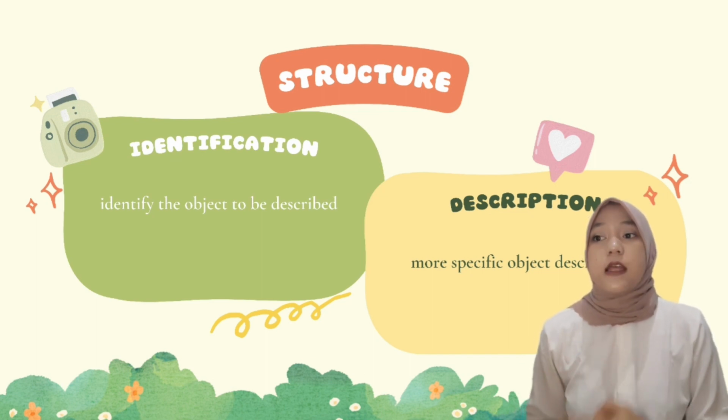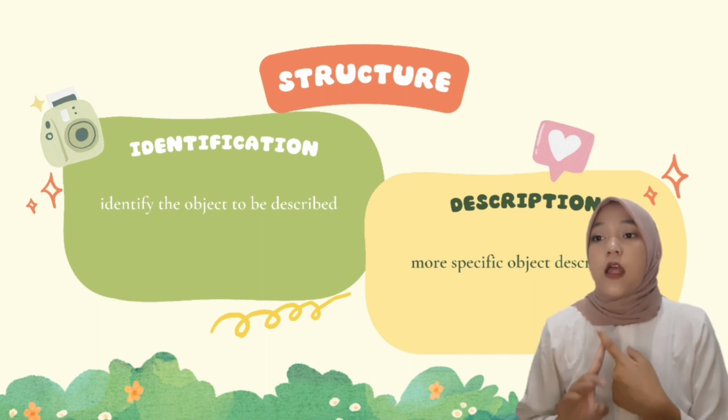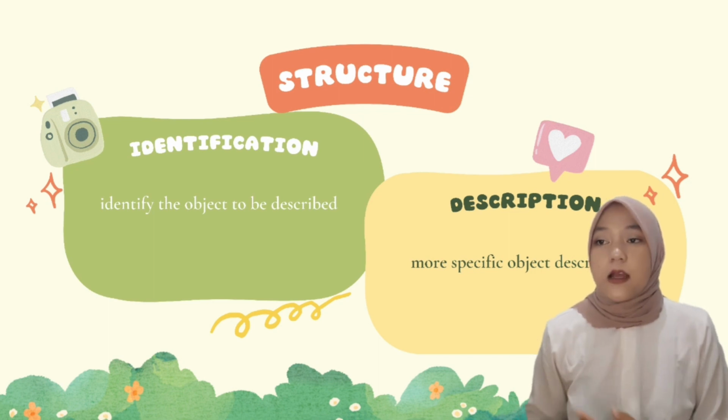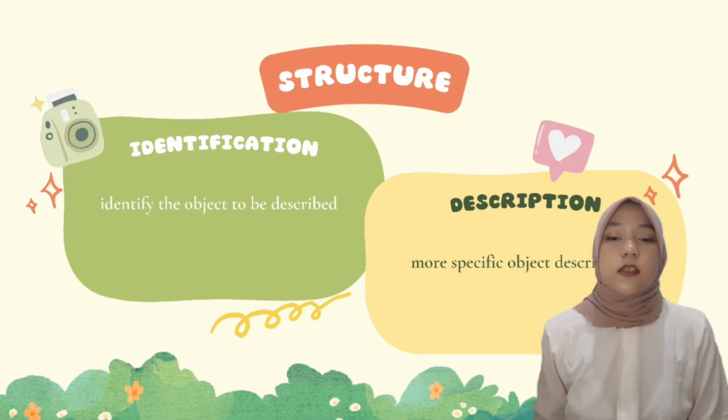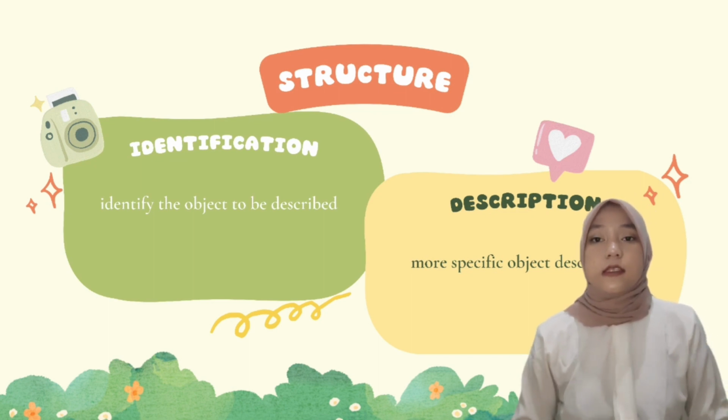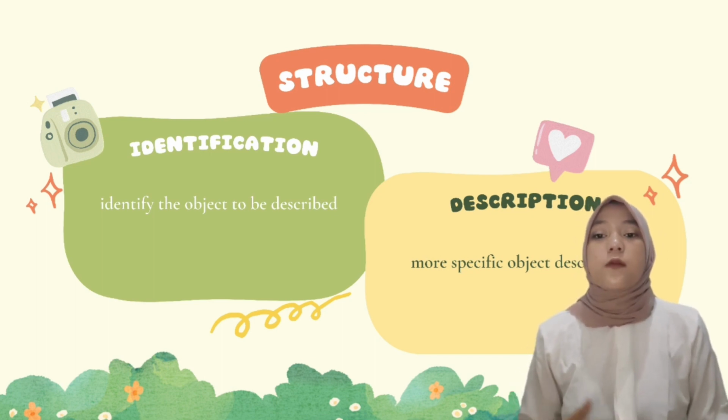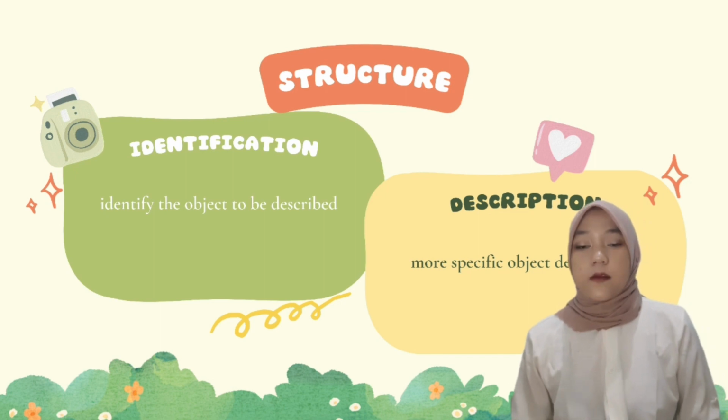Identification means that we identify the object that would be described, for example, like a cat, a person, or a place. And then the description is a part to explain the object more specifically.